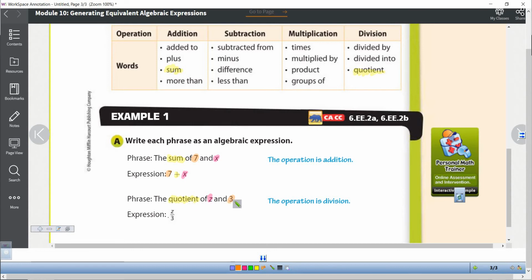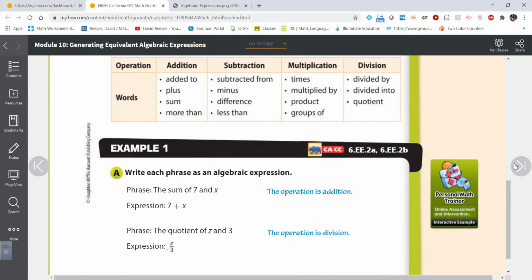So I'm going to go in the order that they gave me. So z divided by 3. With division, you're pretty much going to be going in the order they give you, unless it says divided into, which you're not going to see as often. Divided into would say to switch the order around.